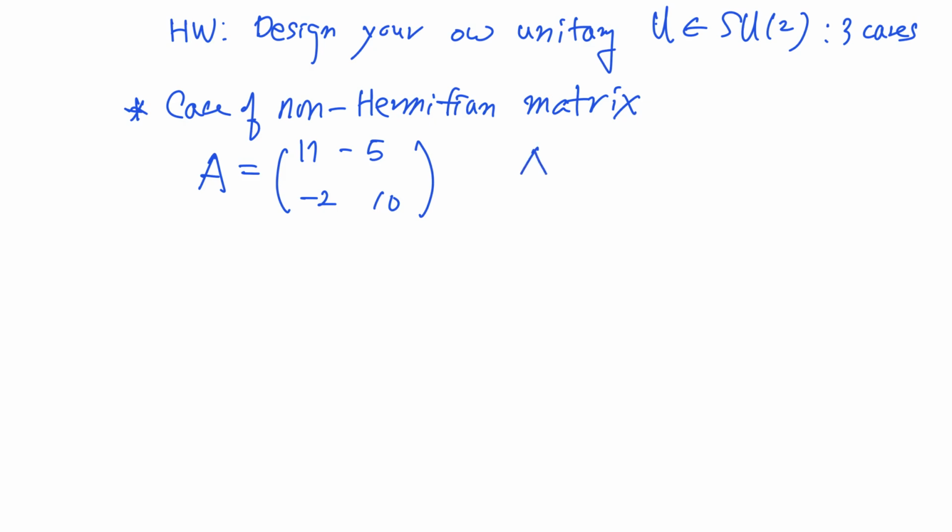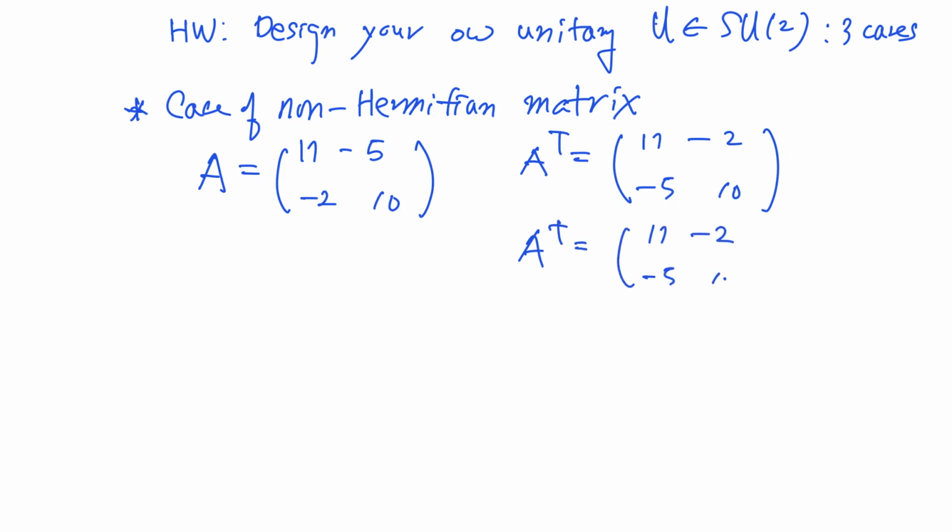What about the transpose? 11, minus 2, minus 5, 10. So it's not Hermitian, right? The complex conjugate, A dagger, is not the same as A. So A is not A dagger, so it's not Hermitian.